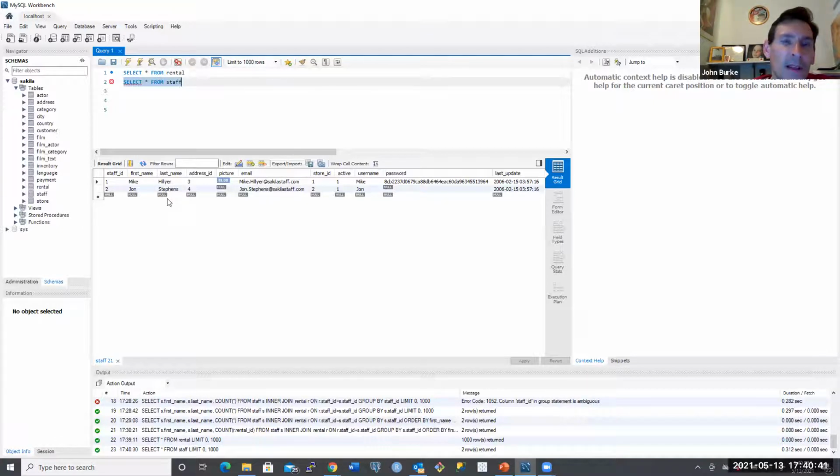Thinking about the results we were supposed to generate, we wanted the first name, the last name, and another column with the number of rentals each of them did. These guys are renting massive amounts of movies, something like 8 to 10,000 in one of them.